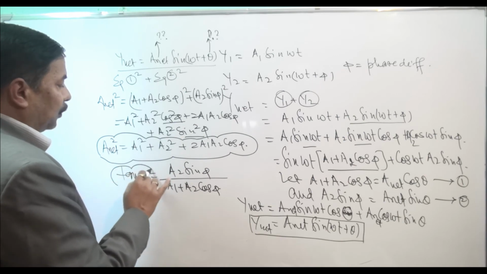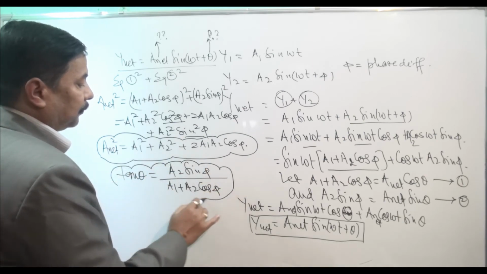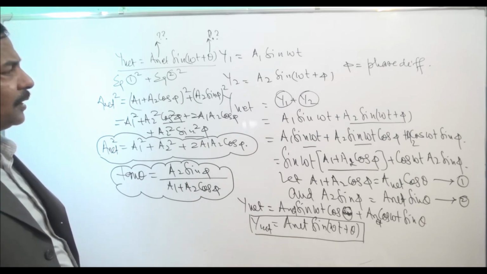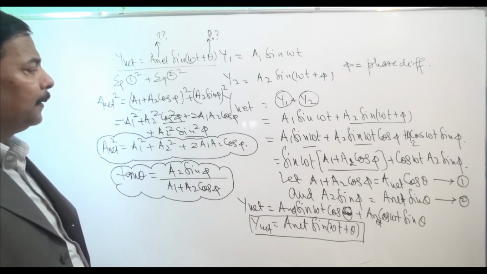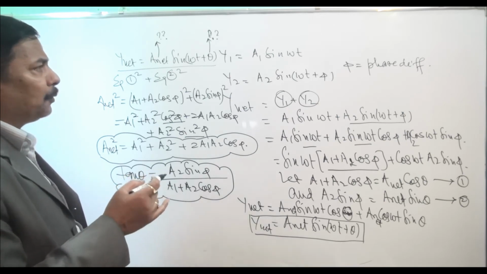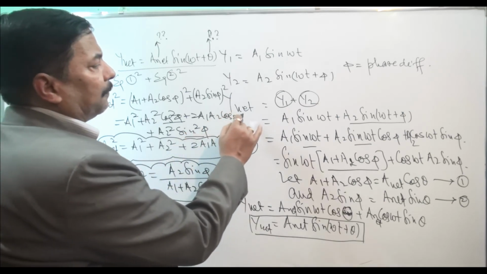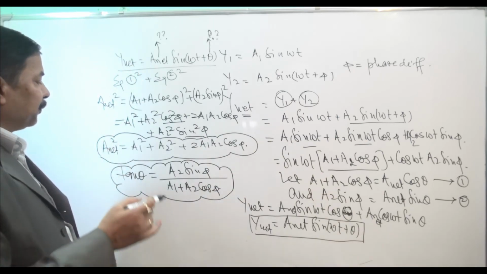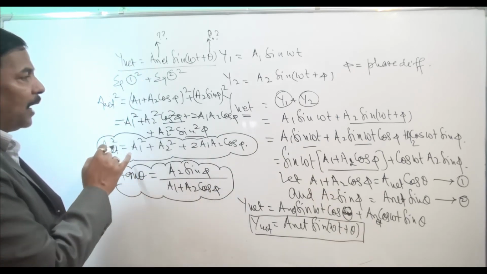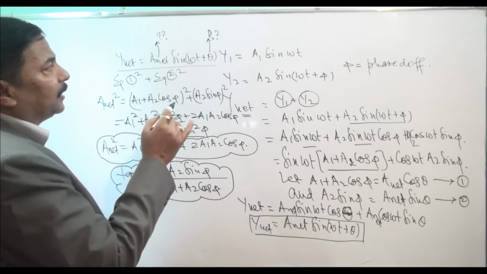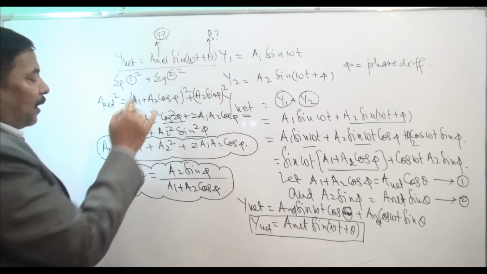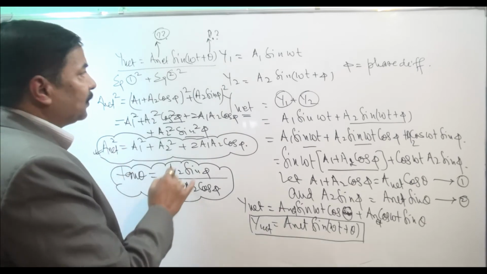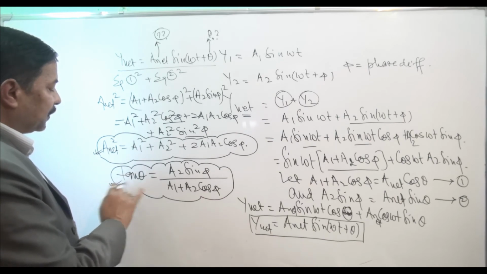You should understand that whenever two waves are given and we want to find the resultant wave, or the equation of the resultant wave, first you have to find A net by this relation, and then theta by this relation.